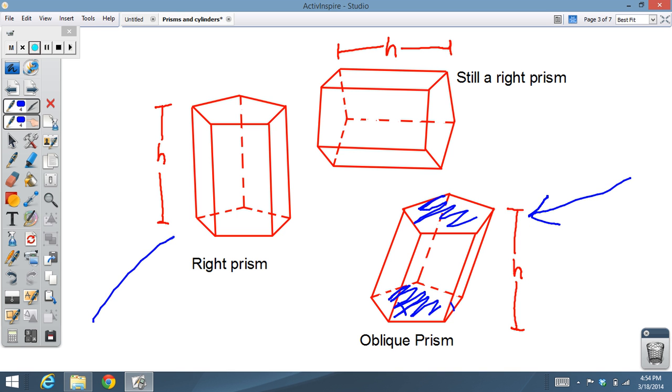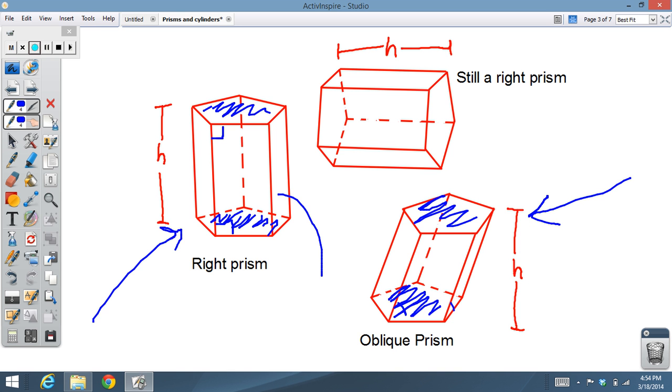On the other hand, what we got here is a right prism. Every one of these is a right angle, and therefore, the top base is directly above the lower base. In this case, the lateral faces are going to be rectangles, not merely parallelograms.